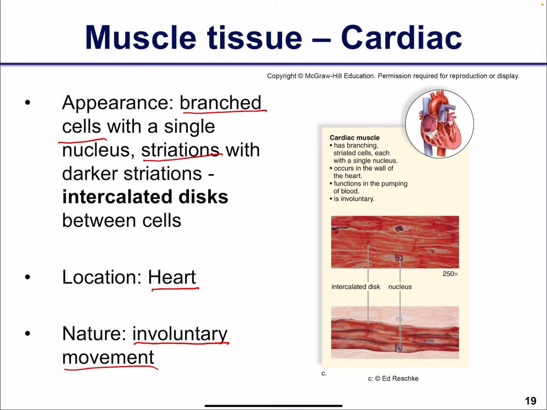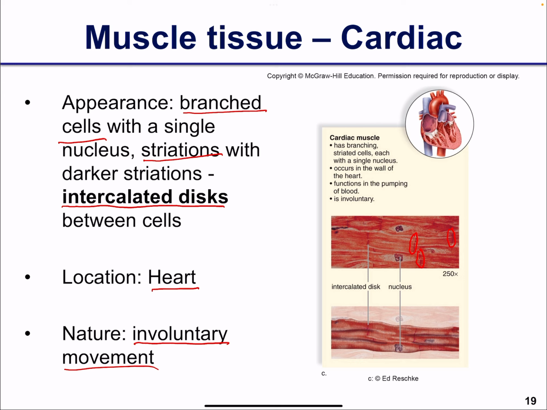And in addition to the kind of striation we would see in skeletal muscles, you have some other striations that are very dark and thick. These striations right here are intercalated discs.